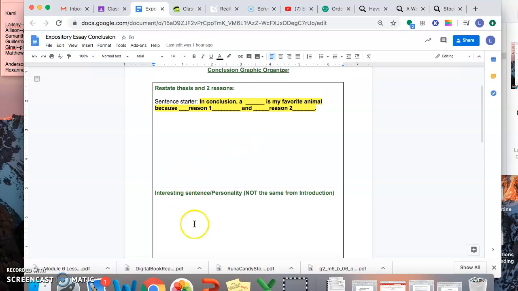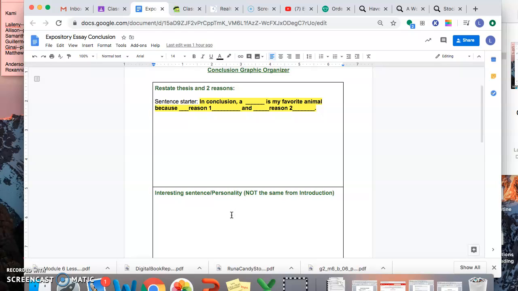Then you're going to go right here and you're going to finish with one more sentence. This is your interesting sentence or personality, just like we did in your introduction, okay? You're going to end with a very interesting sentence, some personality thrown in there about your animal. It's only one sentence, and it cannot be the same thing you talked about in the introduction, okay?